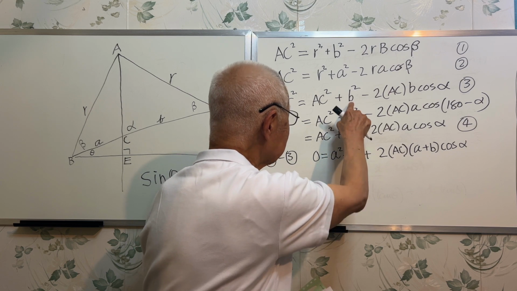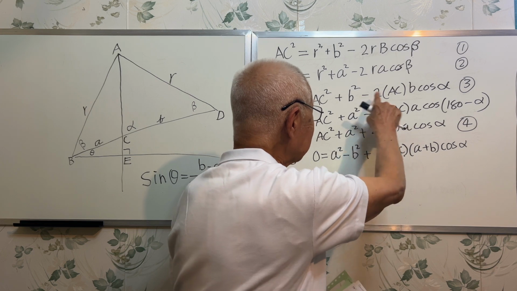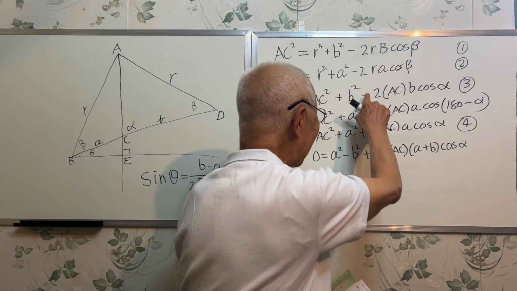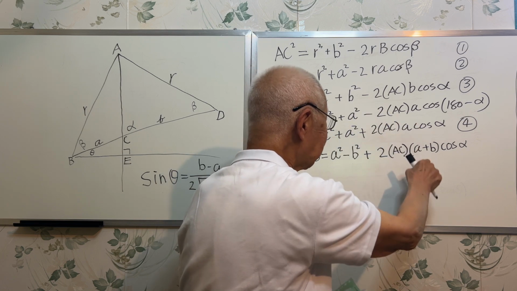A squared minus b squared. This minus that, which is this minus negative, so it's addition. So I have a plus b here.